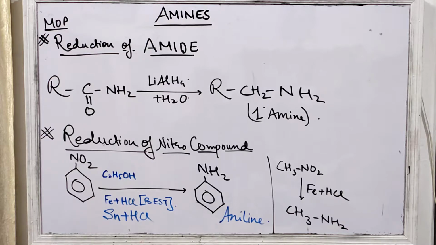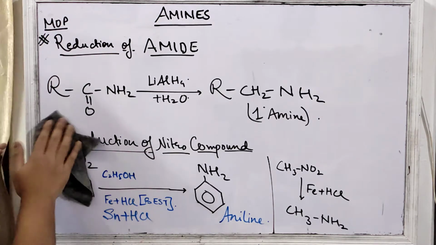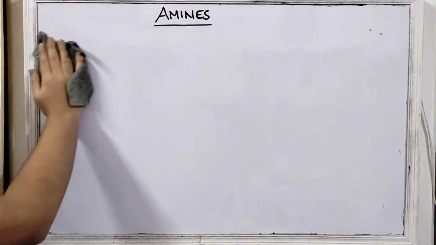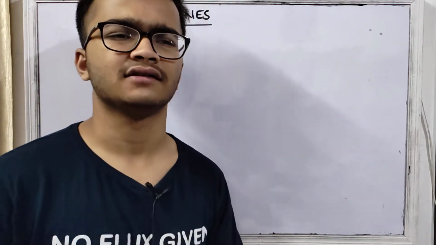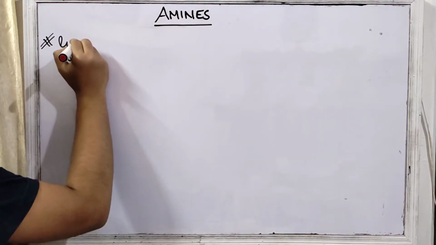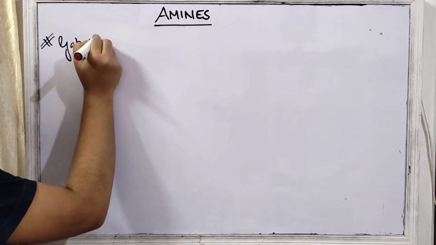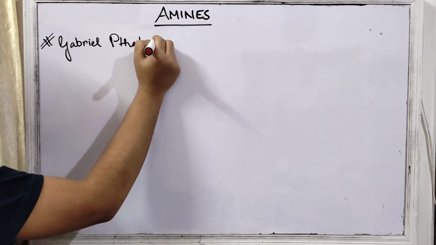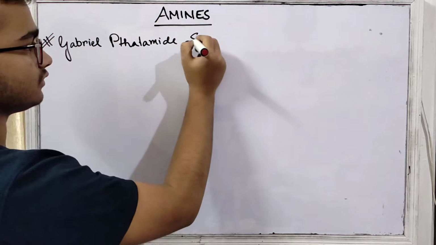So, let us continue with the Gabriel phthalimide synthesis. So, let us take the board. Okay. Now, this is a very important reaction, and it is a name reaction also. So, you have to keep it in your name reaction list. Okay, so let us begin. Give the heading Gabriel phthalimide synthesis.